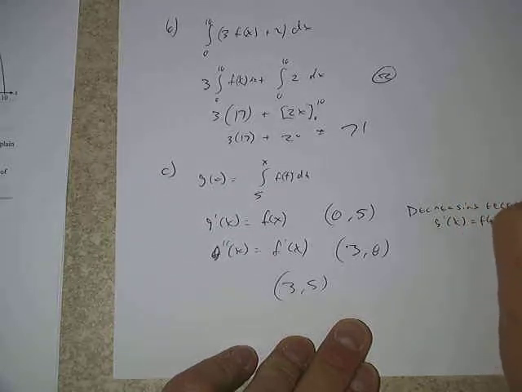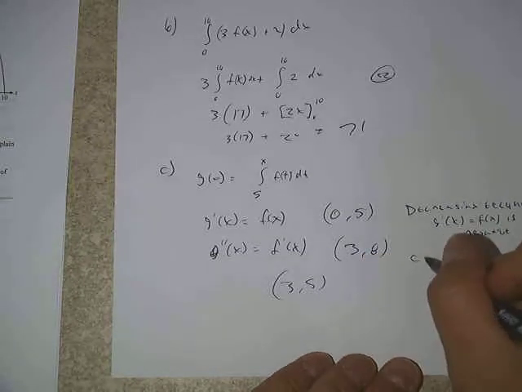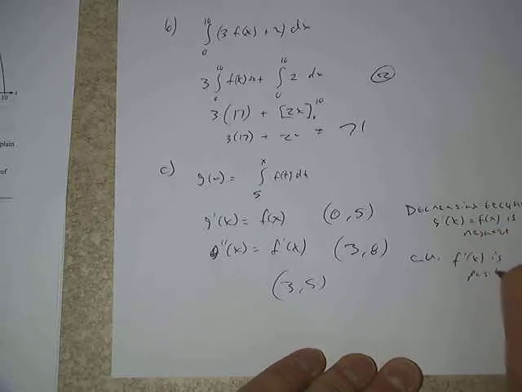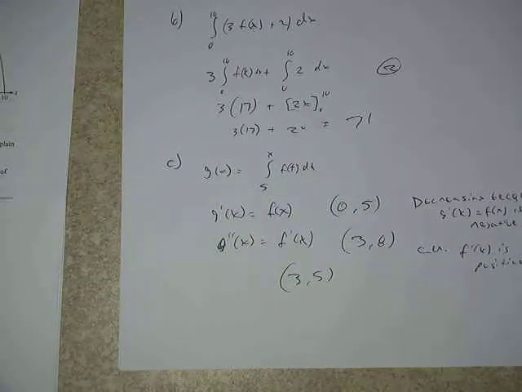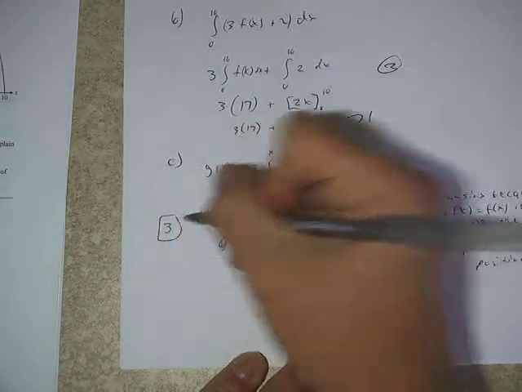Ultimately here they have asked us to explain your reasoning, so we'd have to write some words here along with this as well. Basically what I said verbally, but bottom line here is that we're decreasing because g prime, which equals f, is negative.